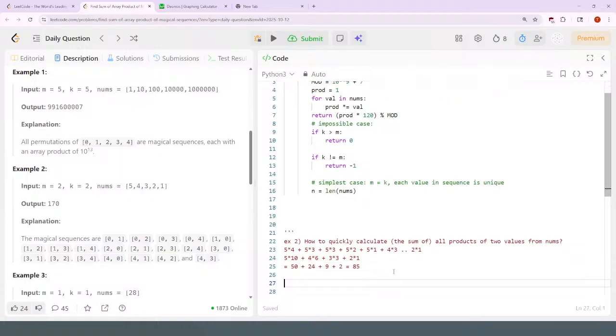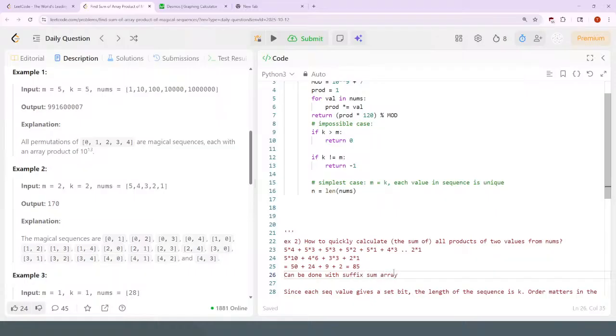This can be done with a suffix sum array: array at k times the suffix at k for all k in the length of the array.